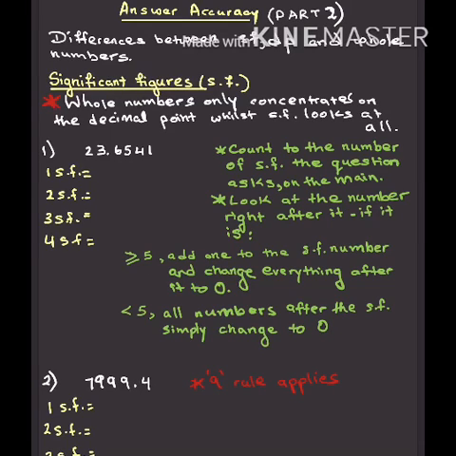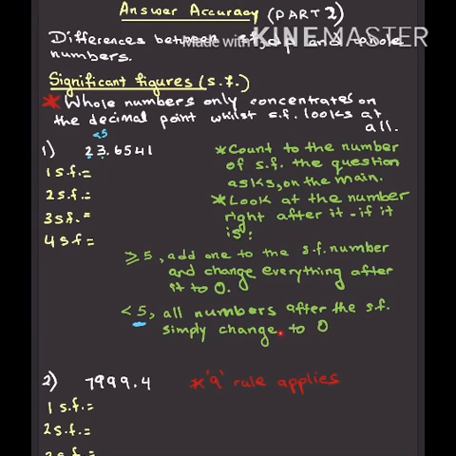Looking at this, since we're working with 1 SF, we're looking at the 2. If we look at 3, we know that 3 is less than 5, so we know that we will be working in this category. It says, if the number right after the SF number, I call the number we're working on the SF number, is less than 5, which it is in this case, all numbers after the SF number simply change to 0.